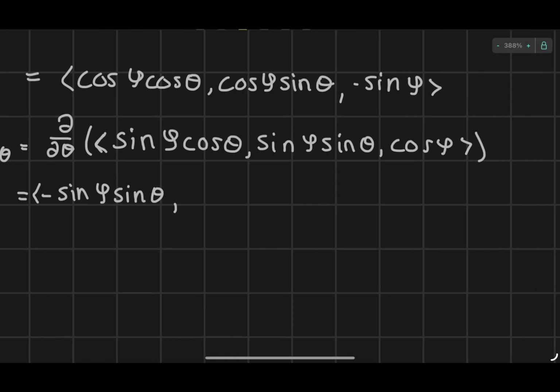Similarly, the partial of sine phi sine theta with respect to theta is going to be sine phi cosine theta. And finally, there is no theta within our k component, so it's just going to be 0 there.